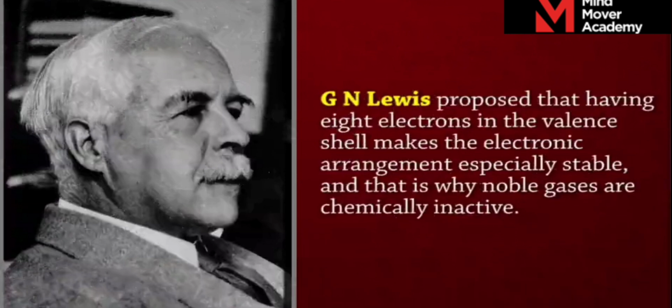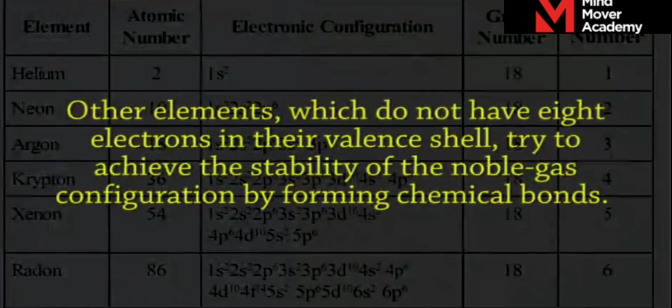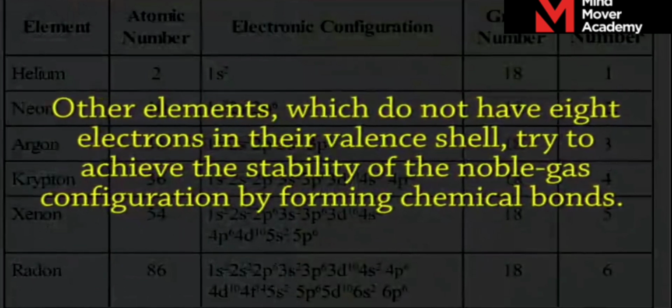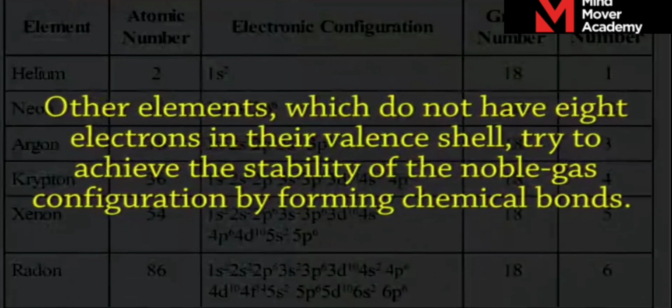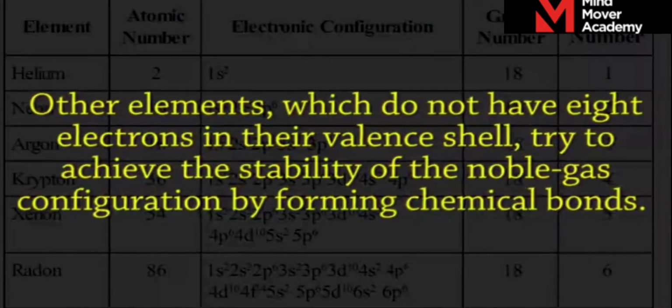G. N. Lewis proposed that having 8 electrons in the valence shell makes the electronic arrangement especially stable, and that is why noble gases are chemically inactive. We can infer that the other elements, which do not have 8 electrons in their valence shell, try to achieve the stability of the noble gas configuration by forming chemical bonds.